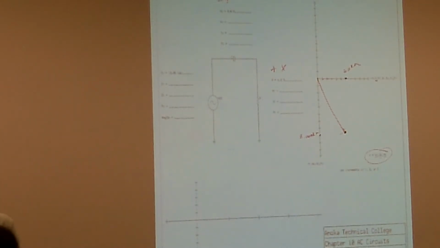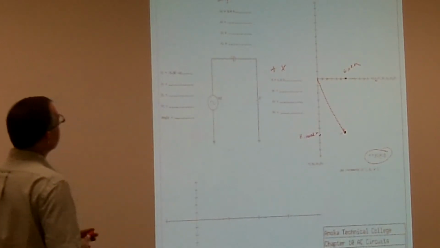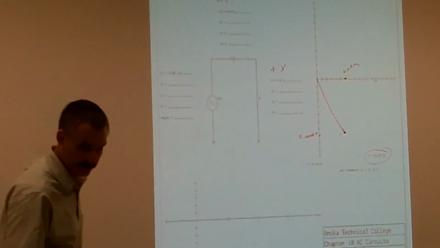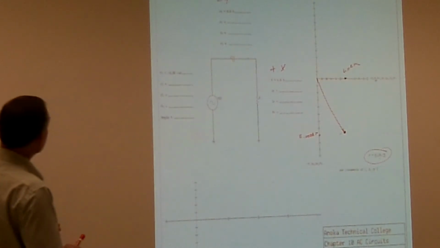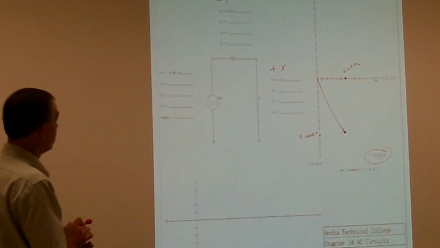I think it's 10K. All right, what do I get for ZT?